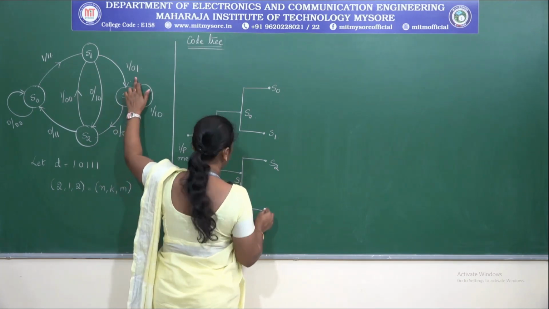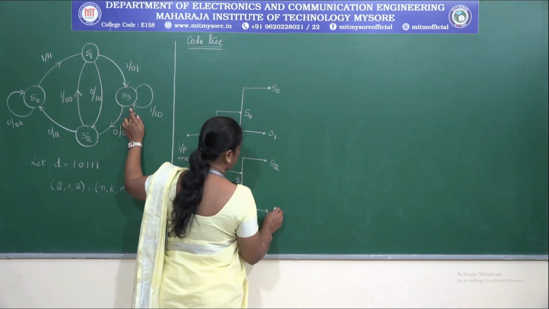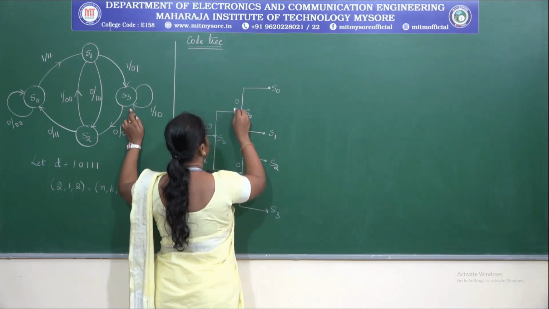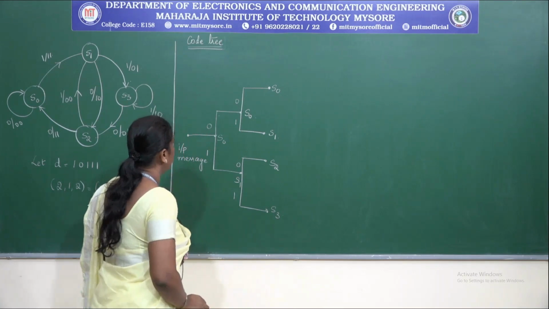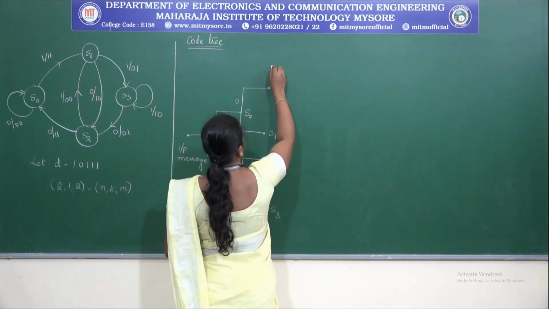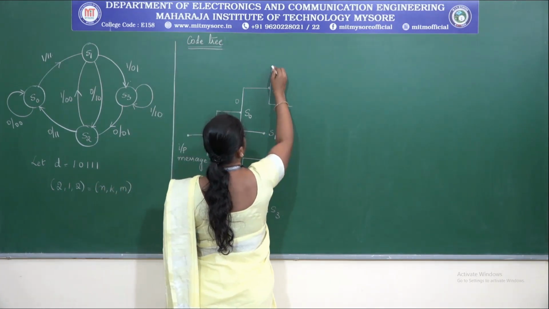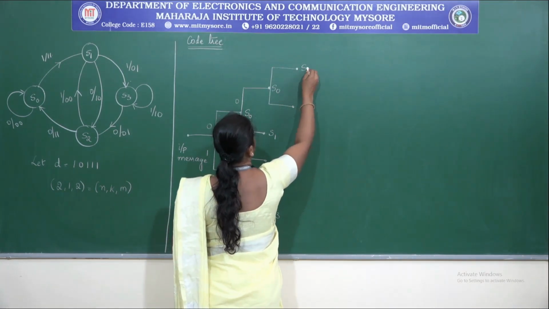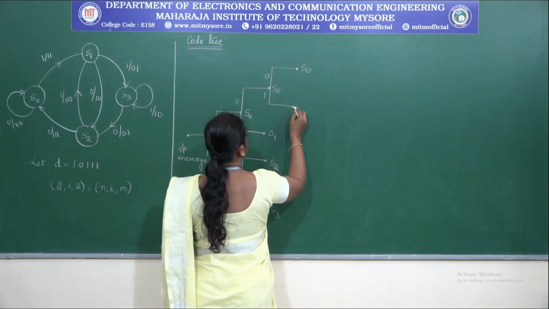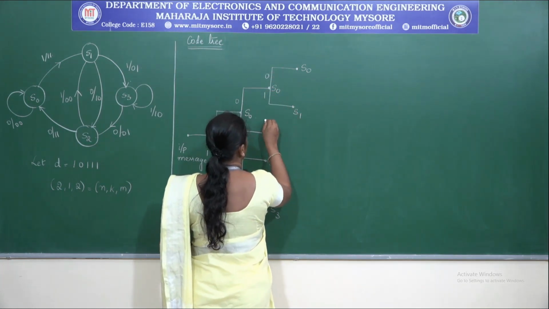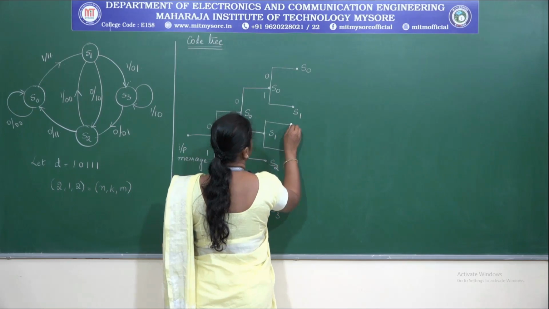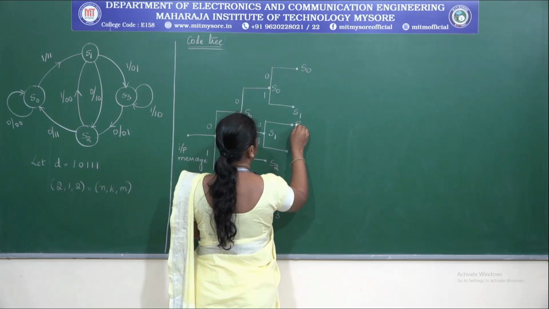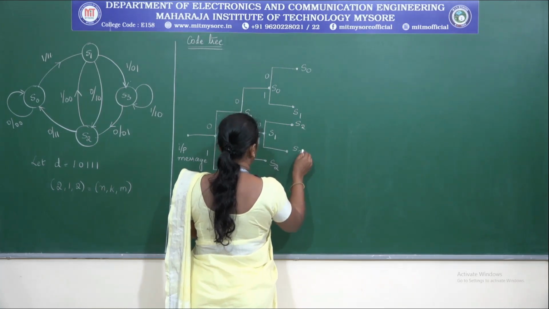And if the input is 1, it is going to make a transition to S3. So it is 0, this is 1, this is also 0 as well as 1. Again we have two states, S0 and S1: S0 with input 0, S0 with input 1, S1 with input 0 and input 1 we have S2 and S3.